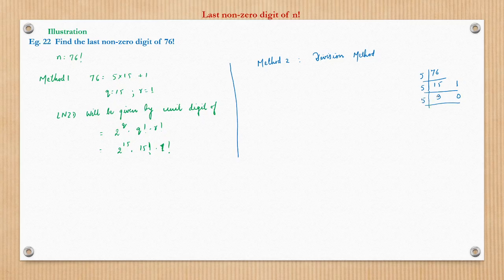Right. Now 5 will divide 3 zero times, remainder is 3. So the IGP would be this summation, right? So IGP becomes 15 plus 3 plus 0, which is 18, right?